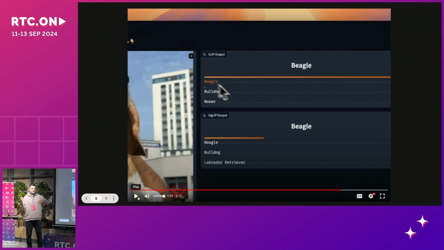That means we calculated vectors for each of those 10 names, we calculated a vector for the image, and we see which vectors were the closest match. In the case of CLIP, which is over here, it was like 99.9% sure that it is the right breed of dog.